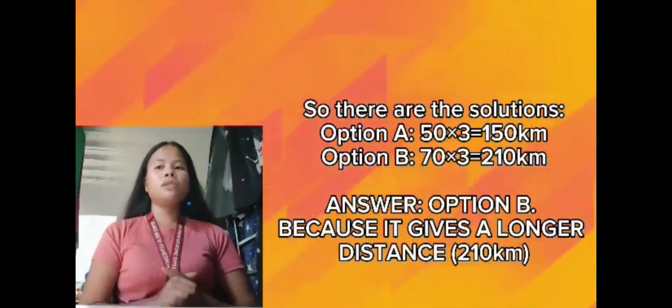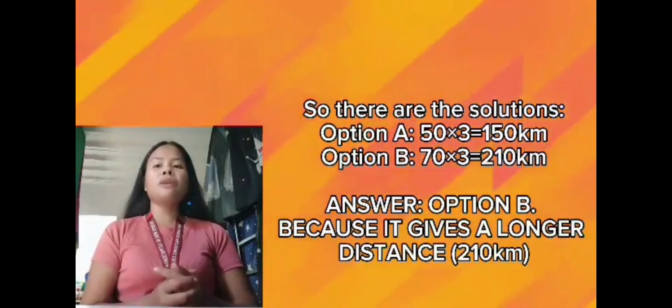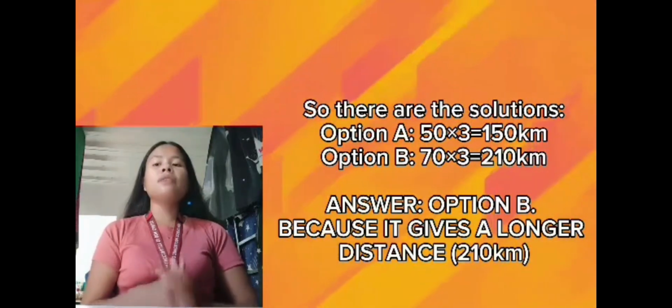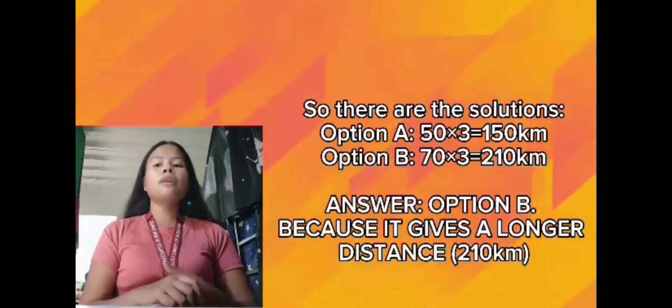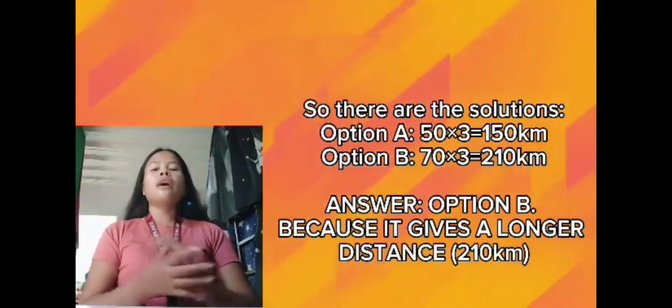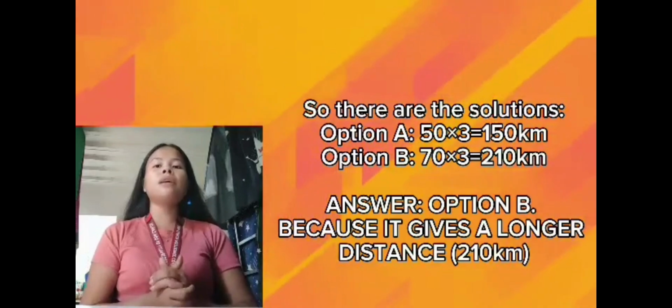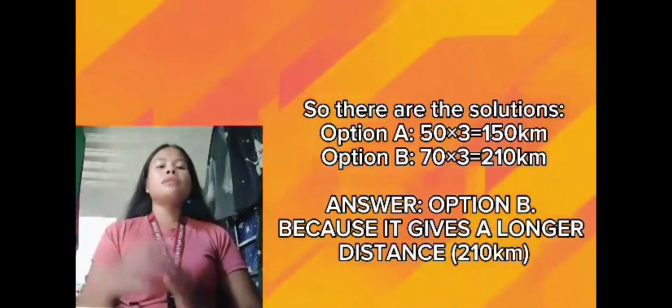Here is the solution. Option A, 50 times 3 equals 150 km. Option B, 70 times 3 equals 210 km. The answer I choose is option B because it gives a longer distance, 210 km.